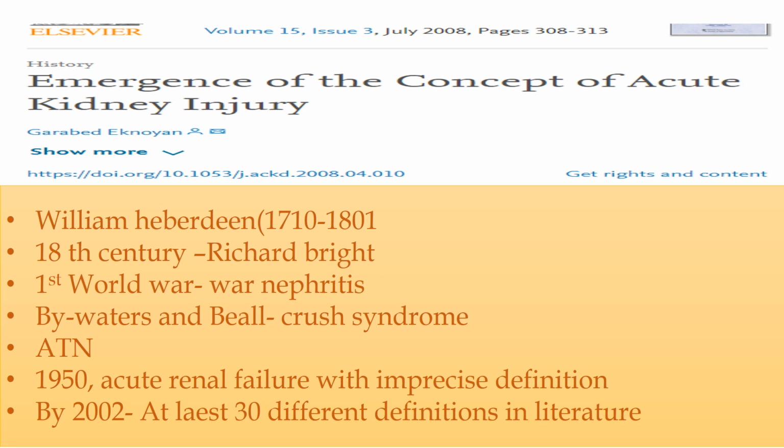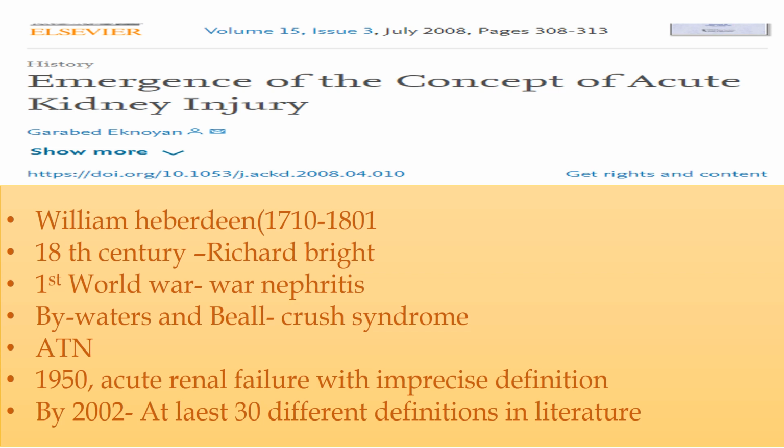For some people, when they did studies, they said renal failure was when a patient had such severe renal dysfunction that they needed dialysis. For others, a doubling in the serum creatinine was considered to describe renal failure. For others, a change in urine output would be synonymous with renal failure.